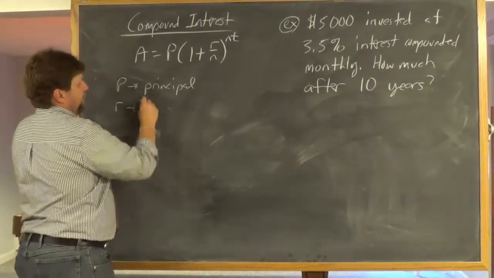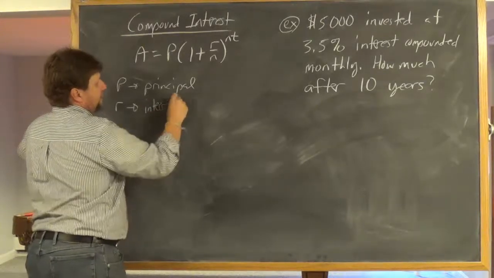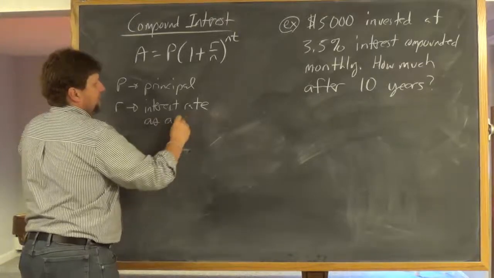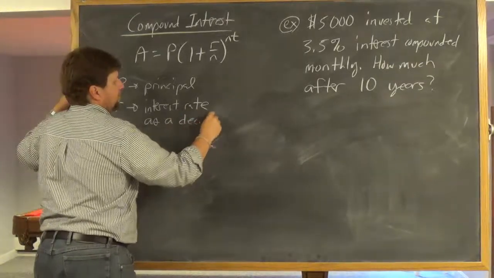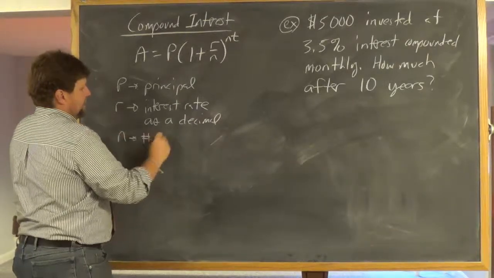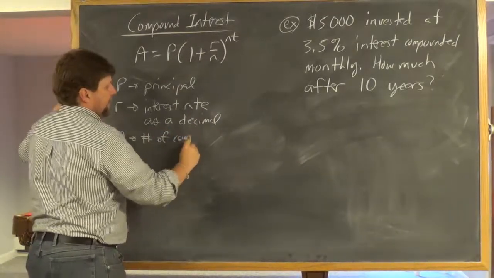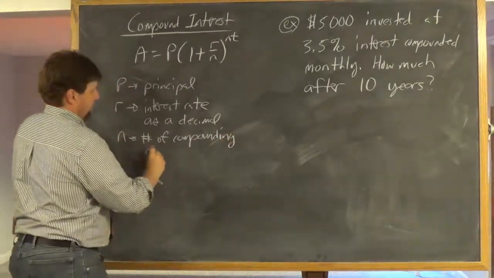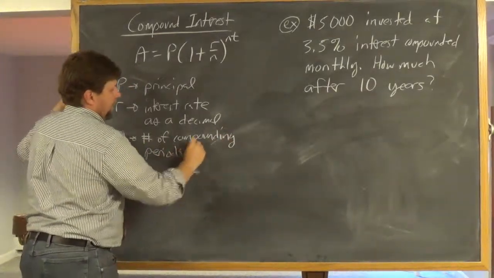R is your interest rate, and it's written as a decimal. N is the number of compounding periods in a year.